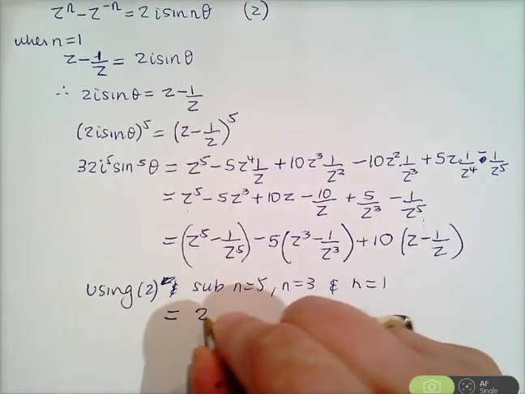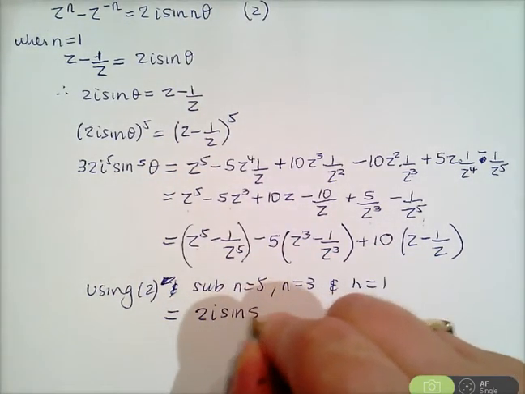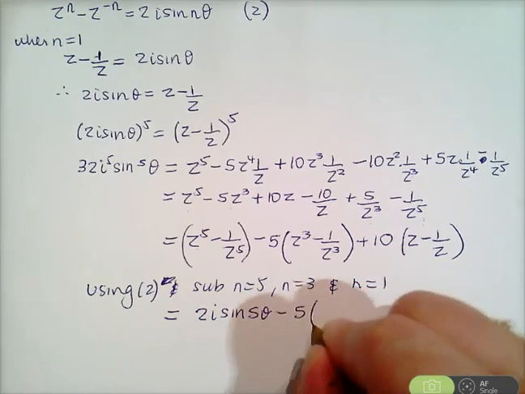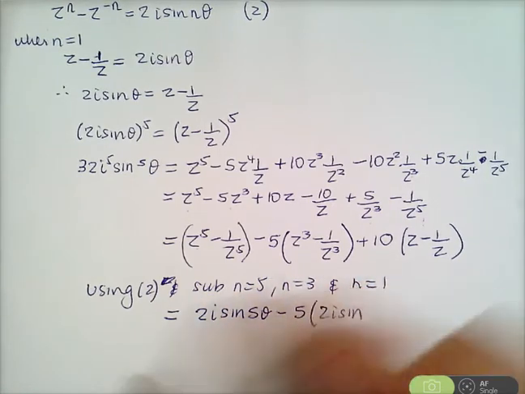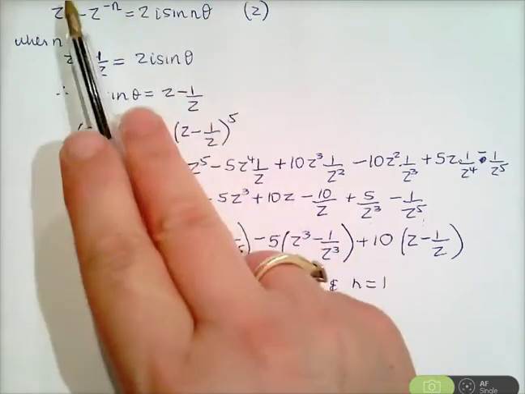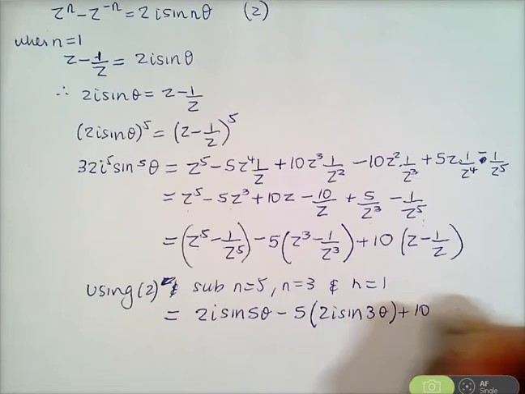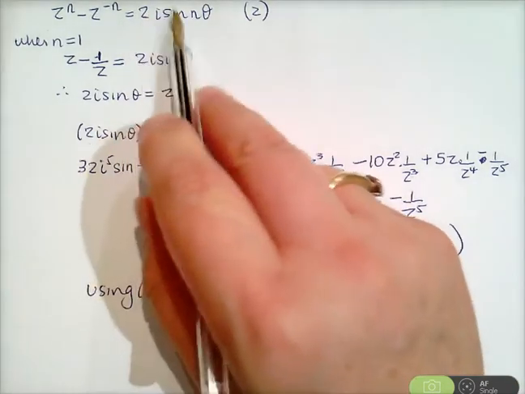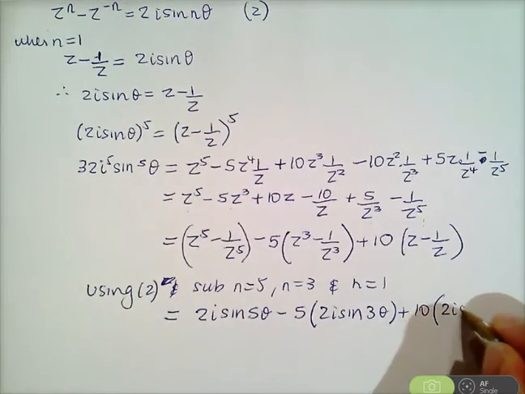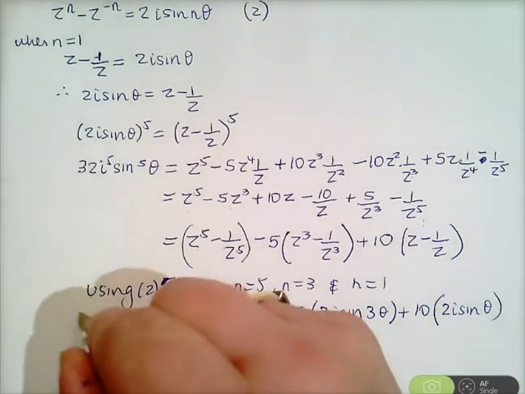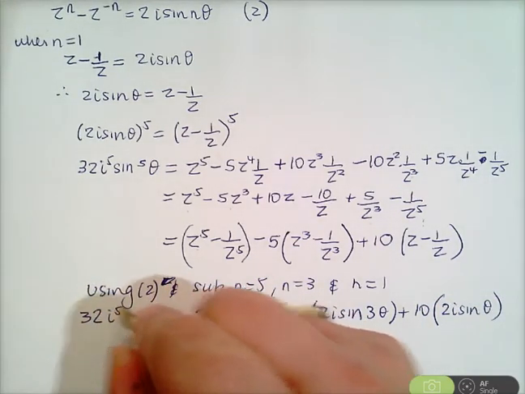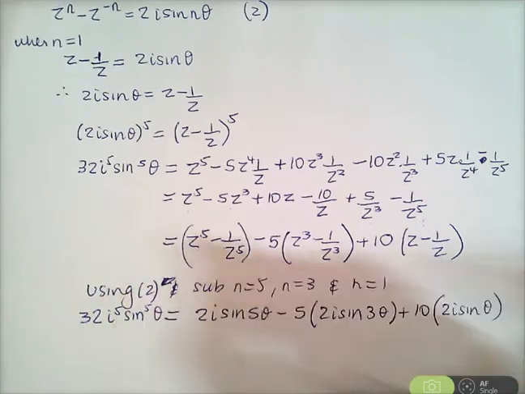So it's 2i sine 5 theta minus 5 lots of 2i sine, this will be 2i sine 3 theta if n is 3, and plus 10 times 2i sine 1 theta, so 2i sine theta. Now that's what 32i to the power of 5 sine 5 theta is.